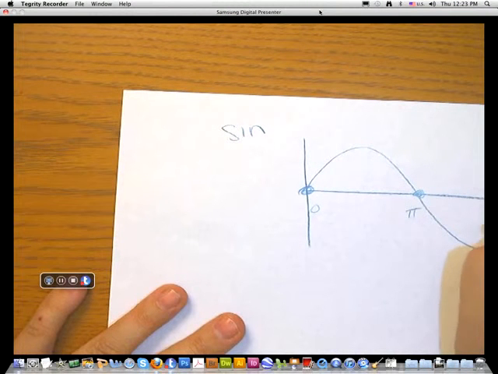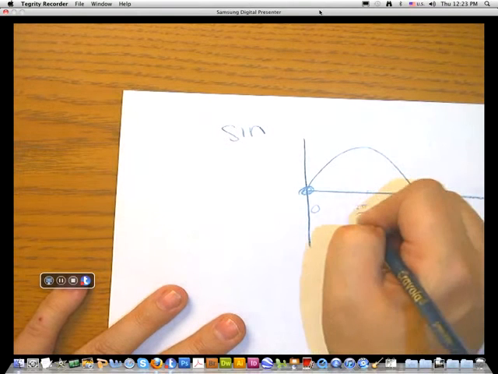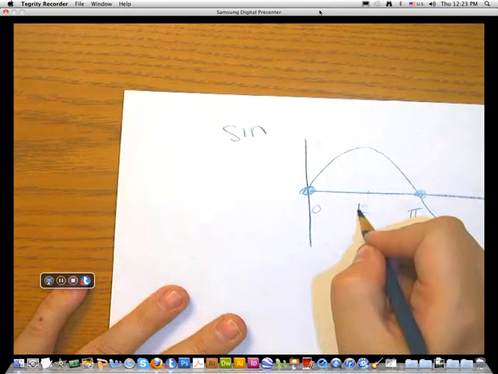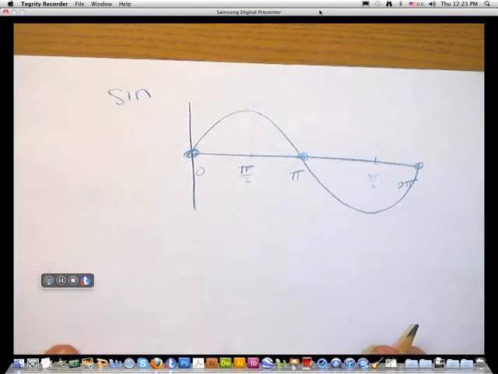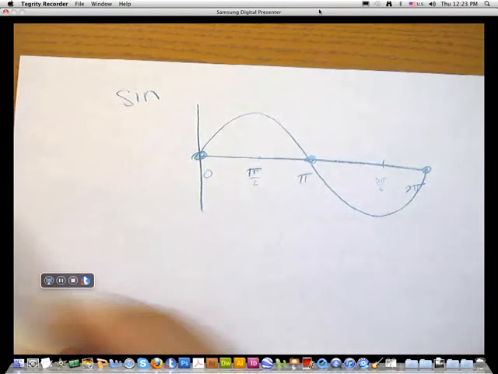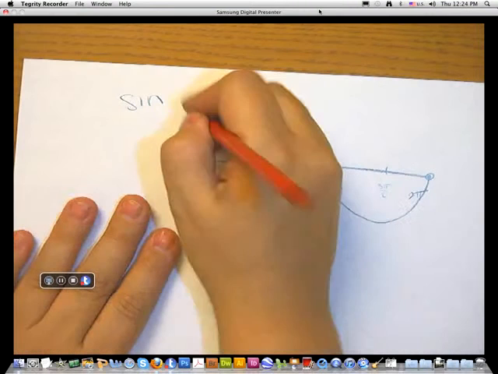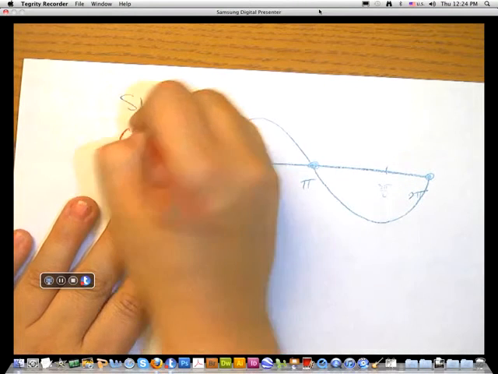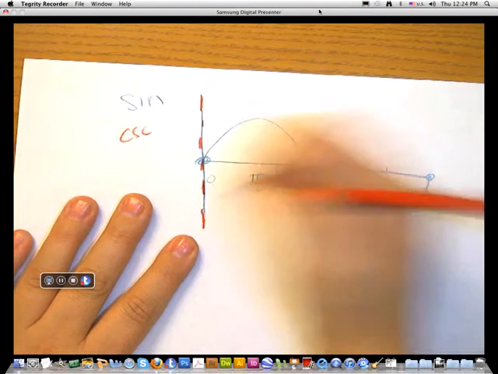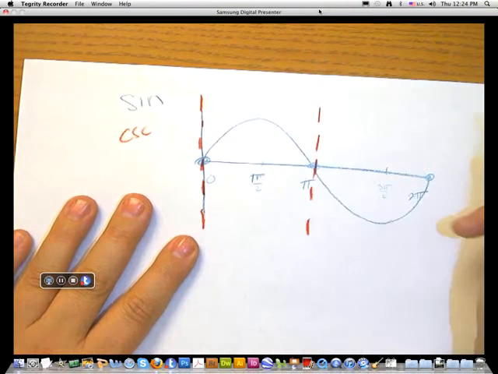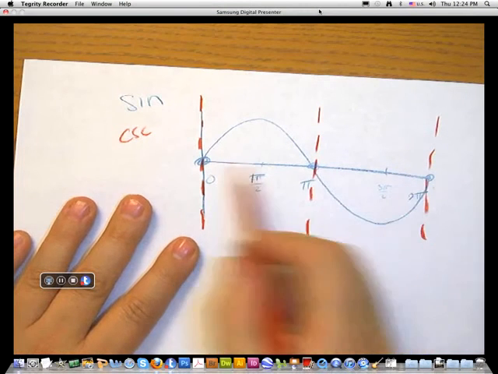There's 3 pi over 2, and there's just pi over 2. All right. The cousins are going to have asymptotes where it is a 0. So cosecant has an asymptote wherever there's a 0, and a 0 is an x-intercept.